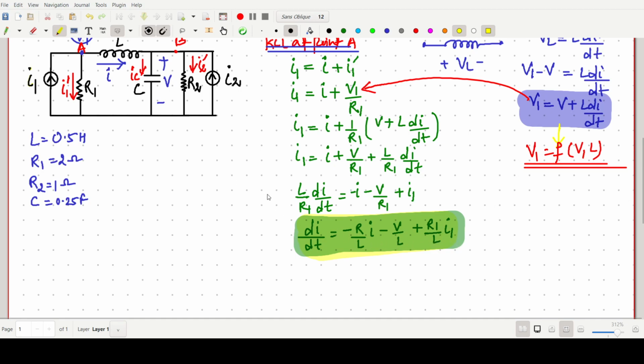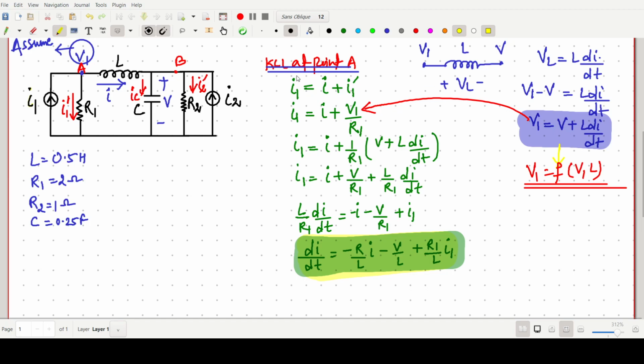So now at point A we have found the value using KCL.